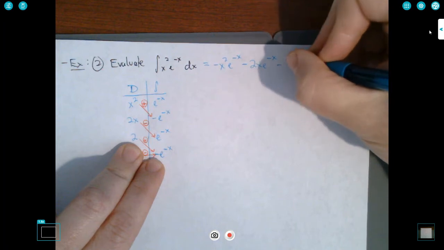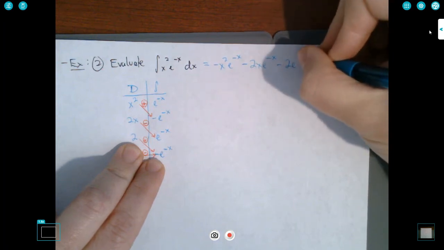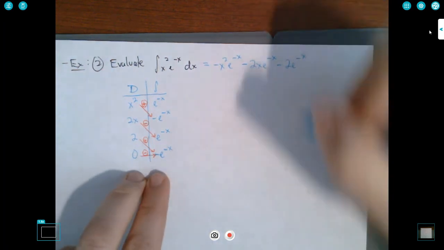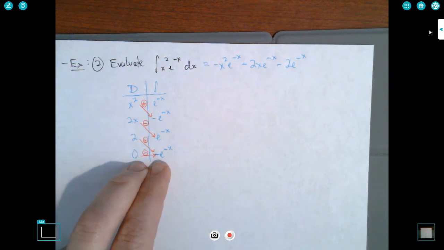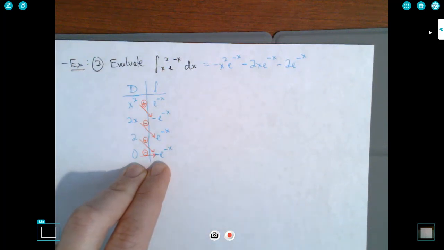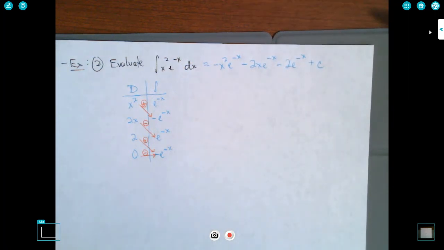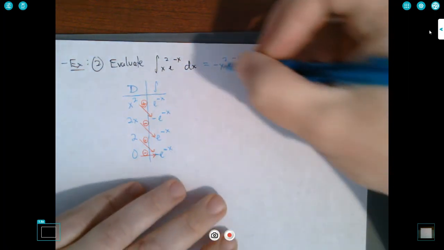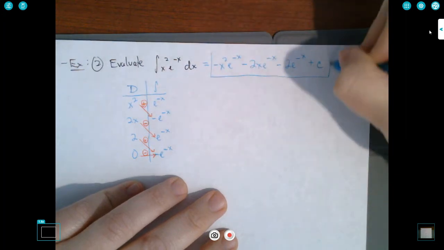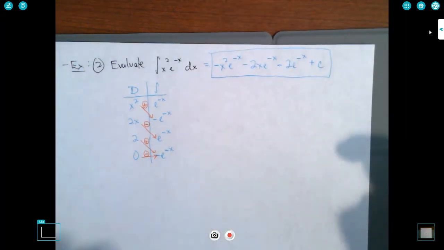So minus 2e to the negative x. And then minus the integral of 0 times negative e to the negative x. Well, 0 times negative e to the negative x is just 0, and the integral of 0 is just 0. So this is just plus a constant. And that is your answer.